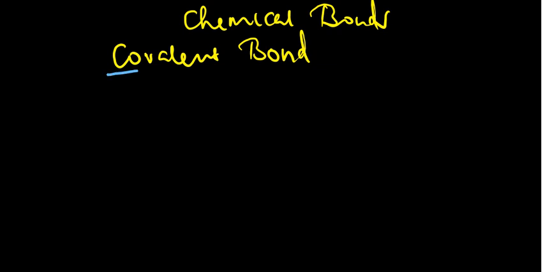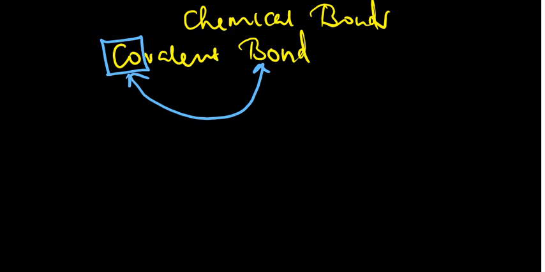When something is covalent, it means there is some sort of cooperation. So it's a bond which is formed between atoms. A covalent bond is a bond which results from equal sharing of electrons between two atoms.